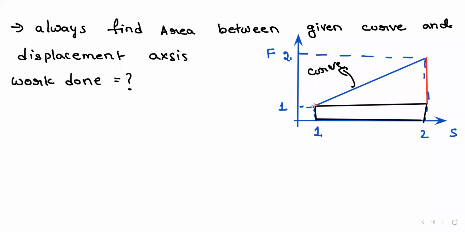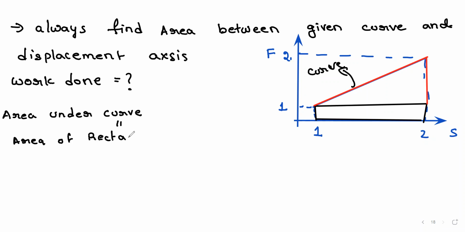There is a triangle here, right? So here the area under the curve is the area of the rectangle plus the area of the triangle, right?